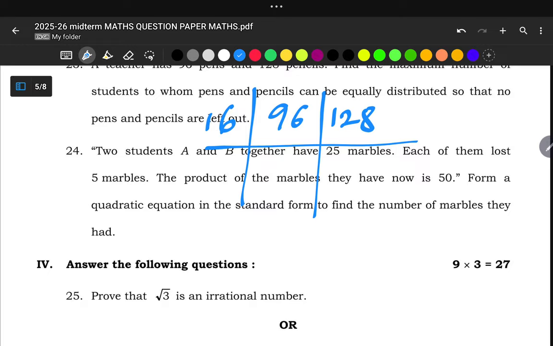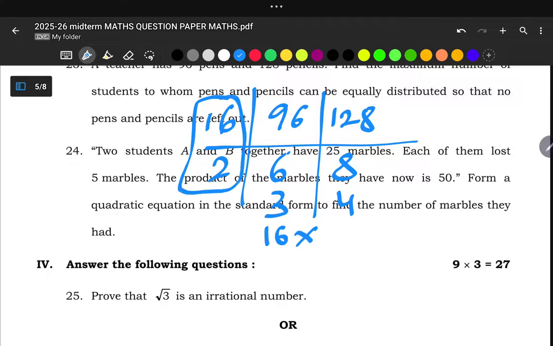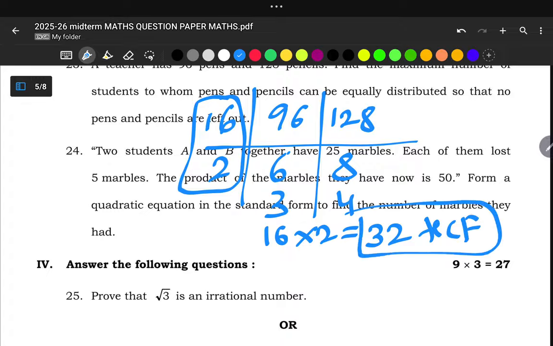Okay. 16 sixes are 96. 16 eights are 128. And now here 2 threes are 6, 2 fours are 8. Means 16 into 2, that is 32, is the HCF of these two numbers. So 32 is the HCF of 96 and 128.